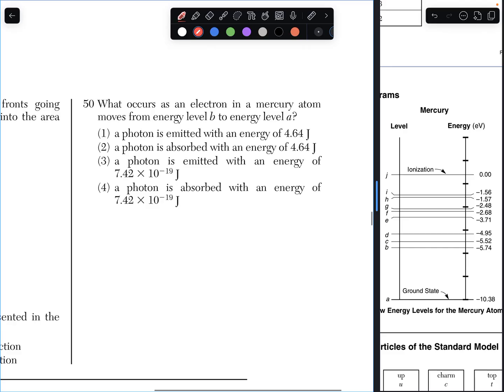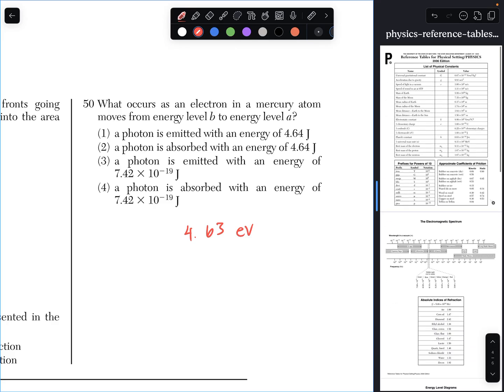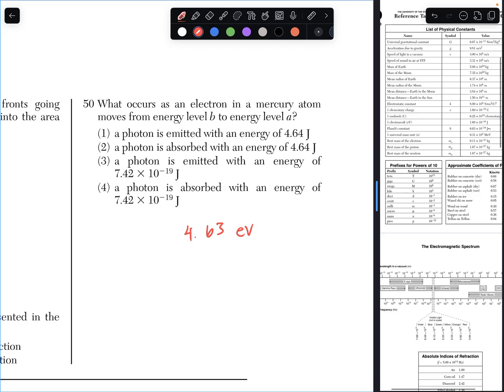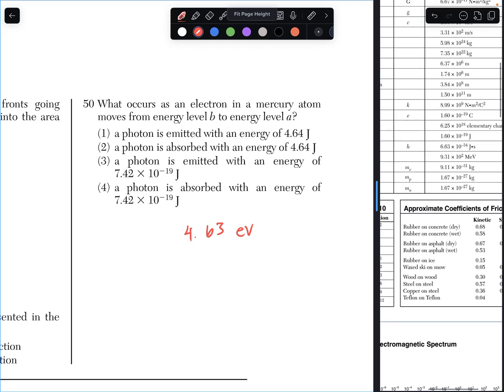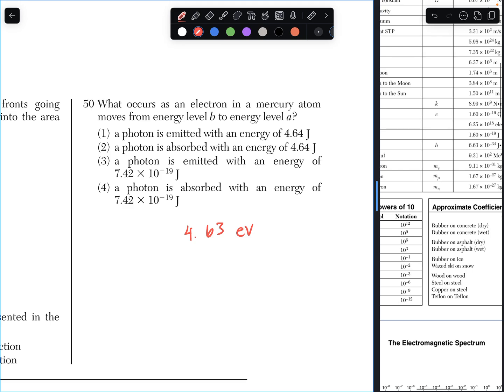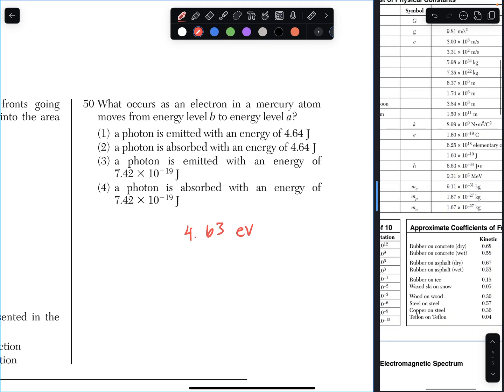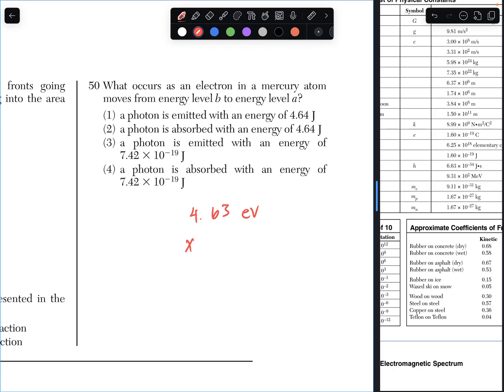It's going to emit 4.63 electron volts. Now we have to convert it into joules. 1 electron volt is equal to 1.6 times 10 to the negative 19 joules. So I'm going to multiply by 1.6 E negative 19, and that is choice 3.